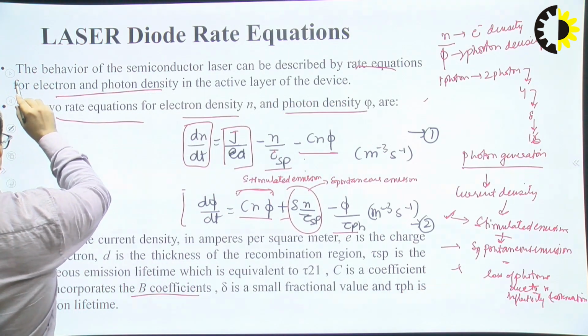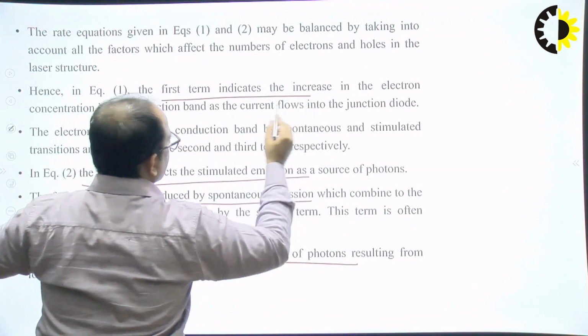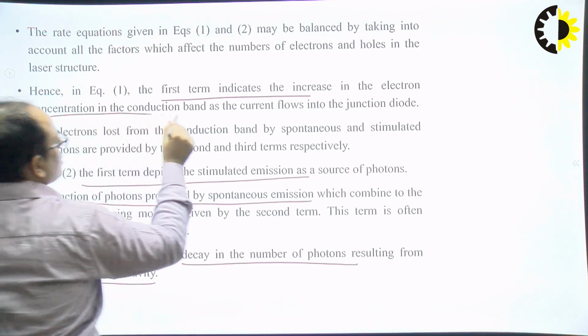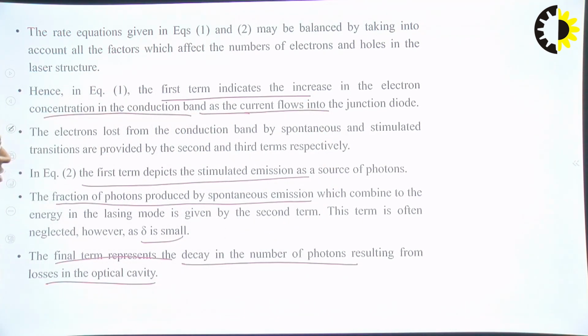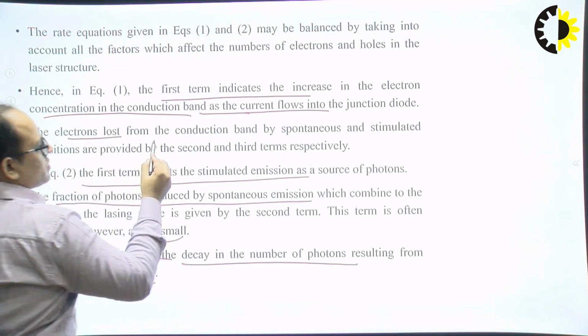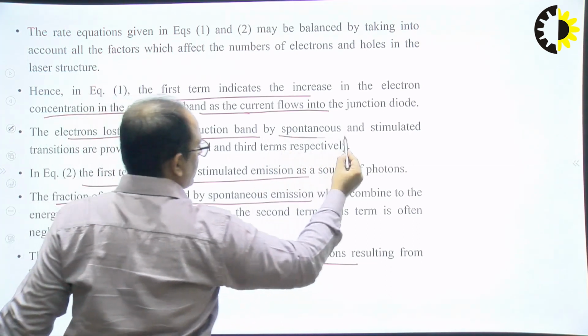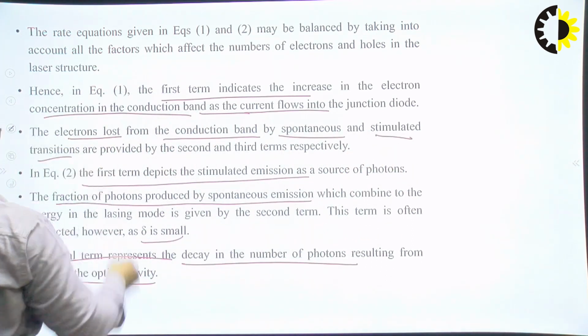Clear? So now you can see the first term indicates the increase in the electron concentration in the conduction band as the current flows into the junction diode, and the next term is the electron loss from the conduction band by the spontaneous emission and the stimulated emission. Clear?